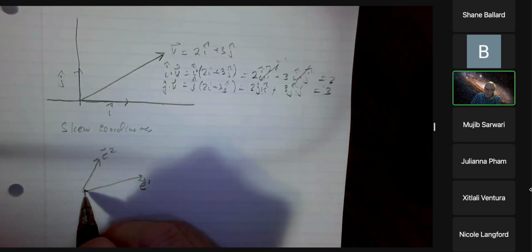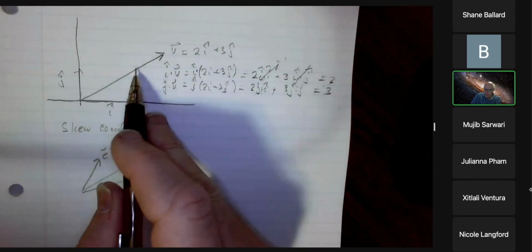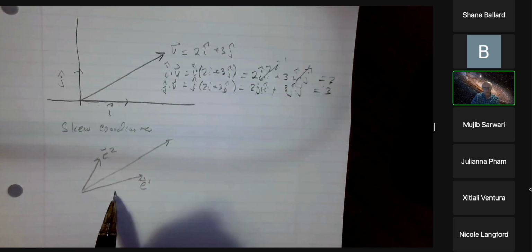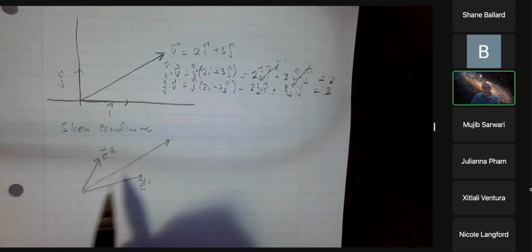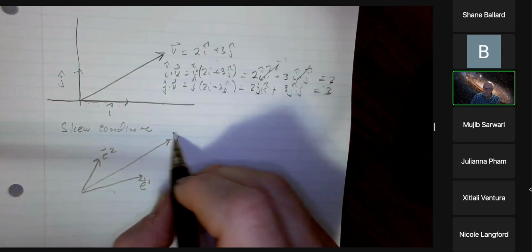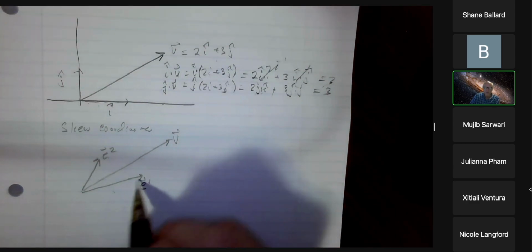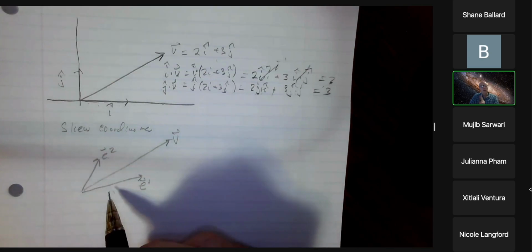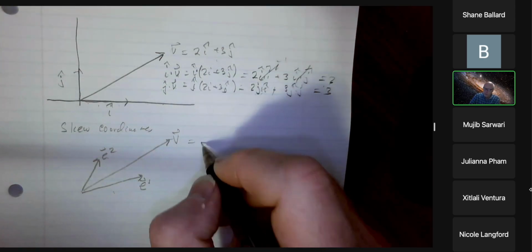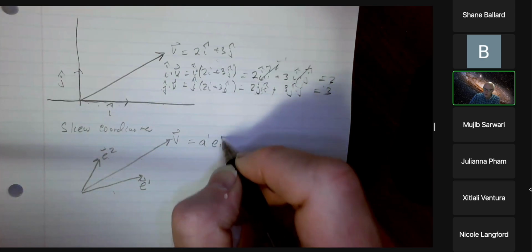Okay? Now, we have the same vector we had here. So I'm just doing the same thing, but instead of using i's and j's at right angles to each other, I'm doing this. And the question is, how do you represent v this way? And the answer is, it's going to be so many of these E1 vectors plus so many of these E2 vectors. Again, provided that the E1 and E2 vectors are not in the same line. In general, what they have to be is something that's called linearly independent. So v is going to be written as A1 E1, like this.